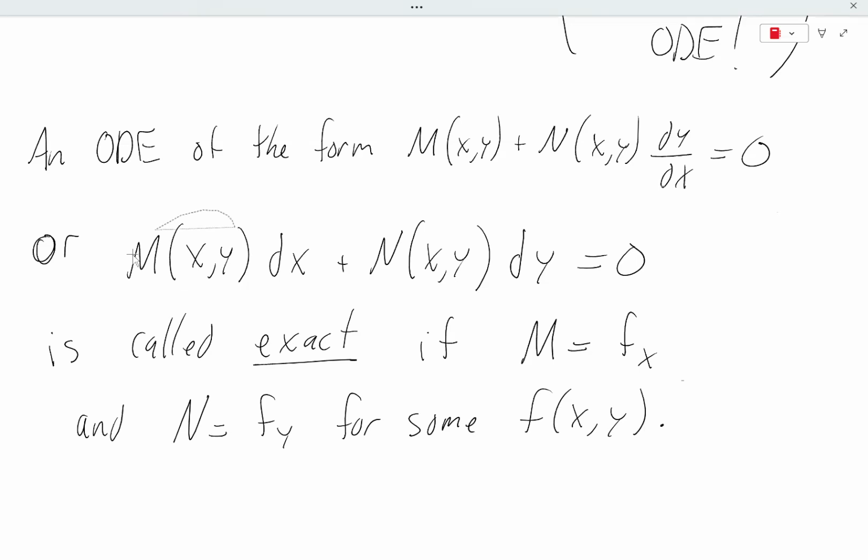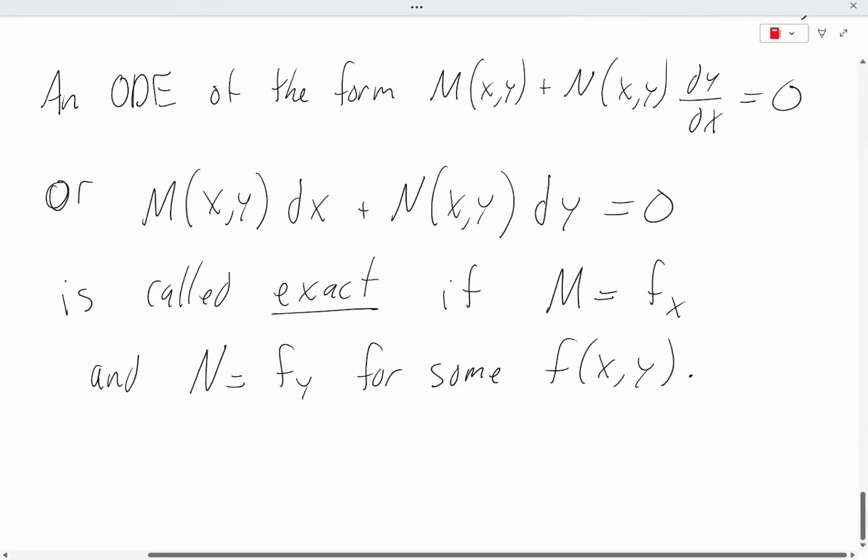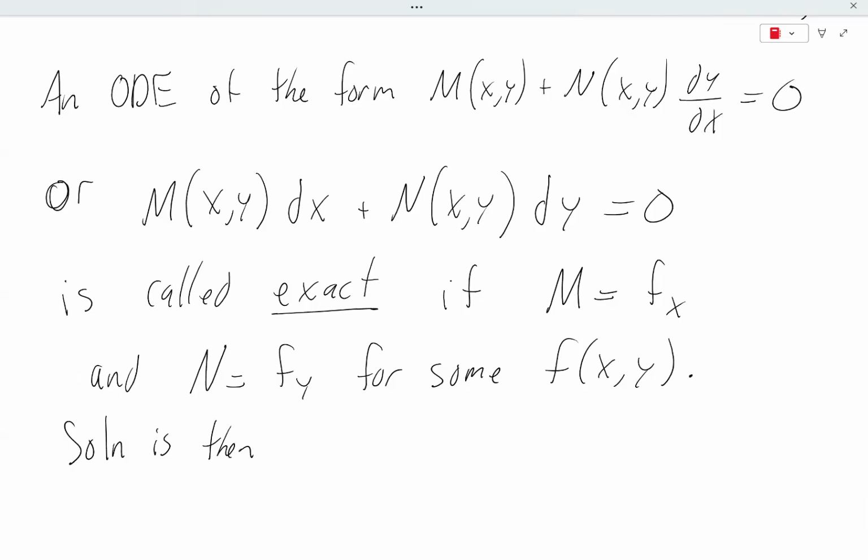So if this happens to be a partial derivative with respect to x of something, and this is a partial derivative with respect to y of something, then the equation is called exact. And then also the solution, I'll say here, is an implicit solution. Let me say it this way.